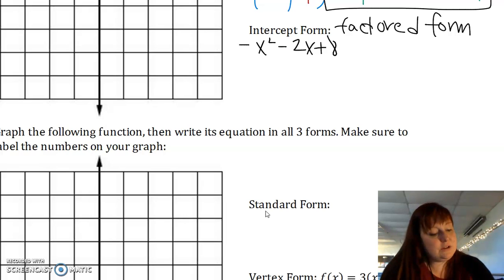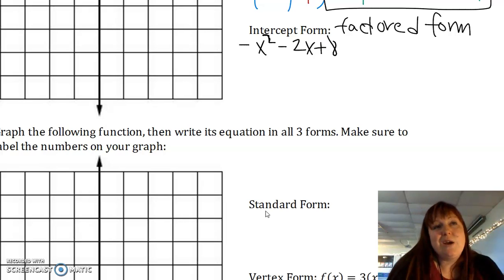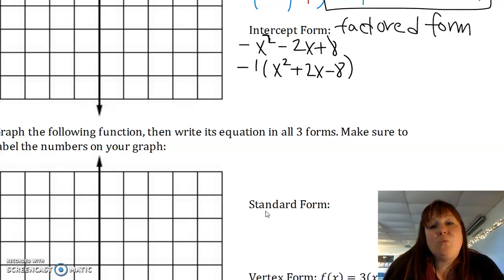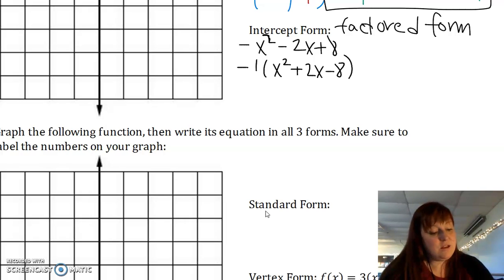All right, now here's the problem. We have this number in front of x squared, and if we have a number in front, then we have to use slide and divide. So let's see if we can get rid of that number first so that we don't have to slide and divide. Well, let's divide everything by negative 1. So I just divided everything in my function by negative 1. So now I have a negative 1 on the outside, and I can just factor the inside.